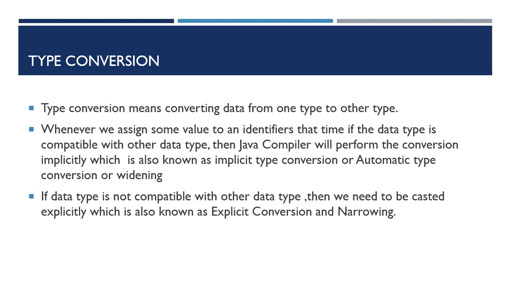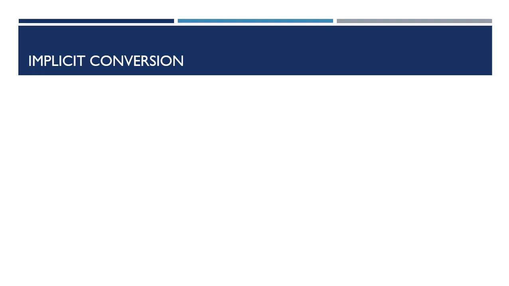So if I want to assign that particular data type to that data type, we need to explicitly convert our values to that data type. This concept is known as explicit conversion, or narrowing. That is all about the conversion.